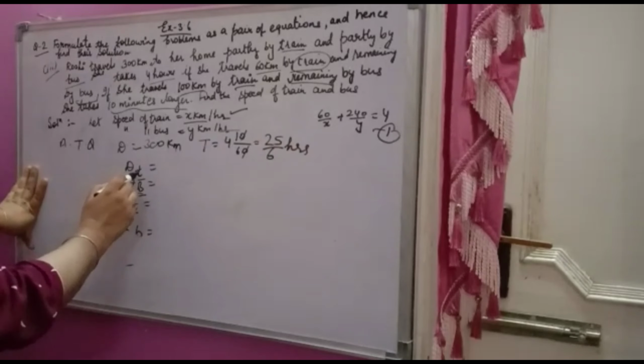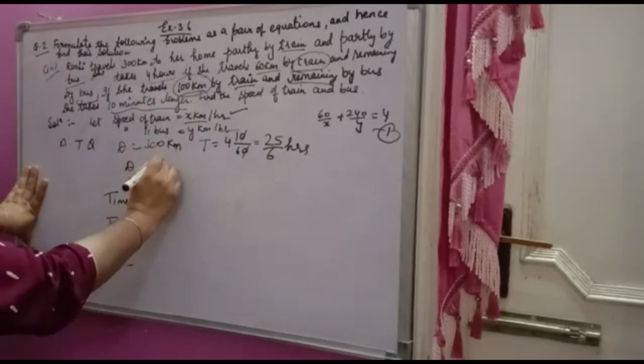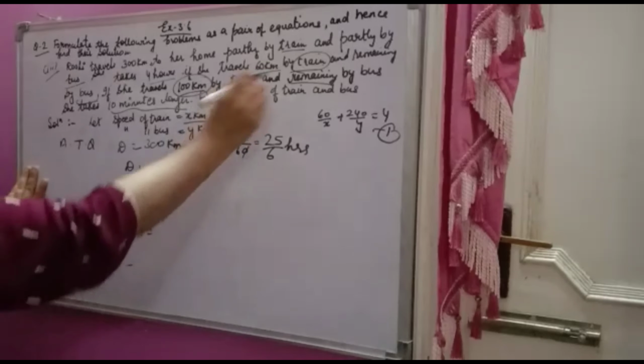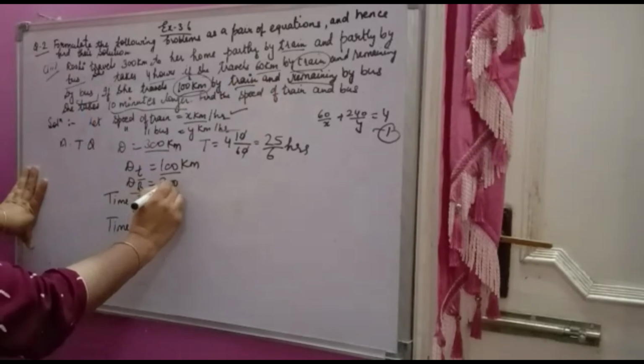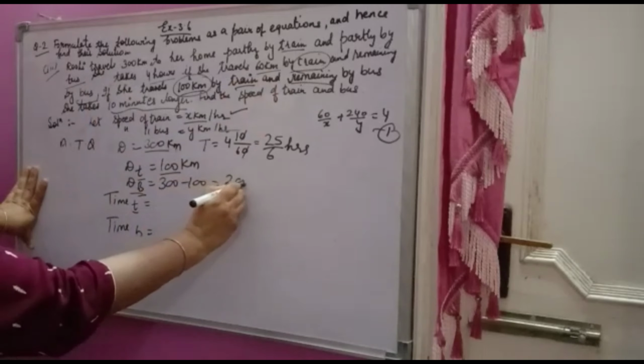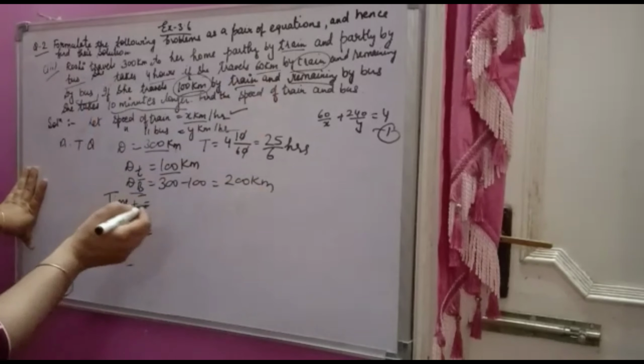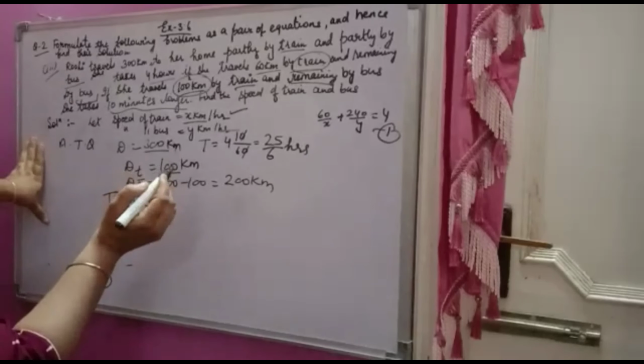Distance travelled by train is 100 km, and remaining, total 300 minus 100, that is 200 km, is travelled by bus. Distance travelled by bus is 200 km.